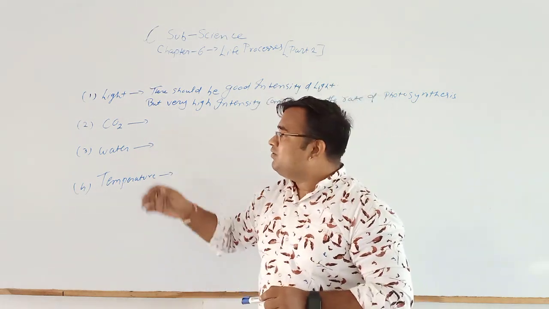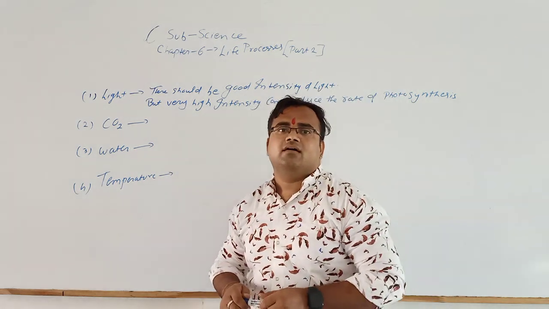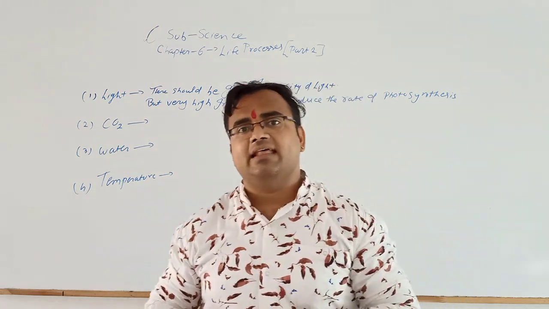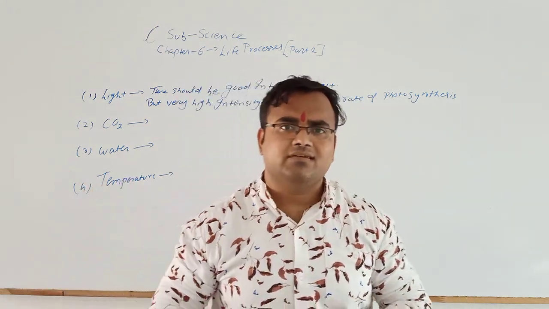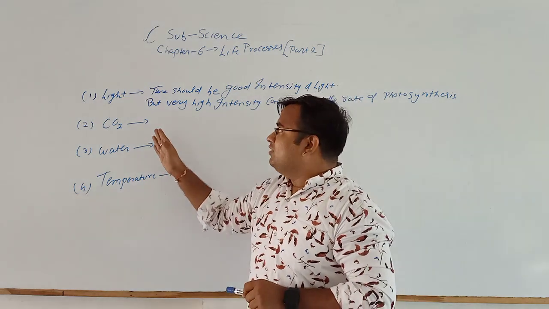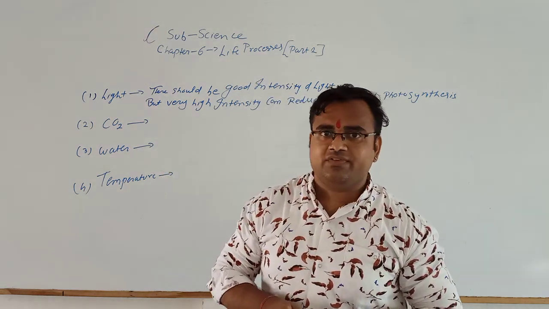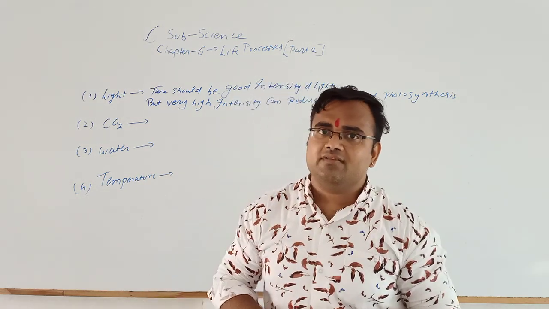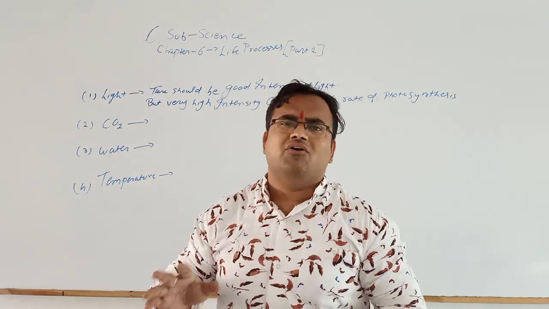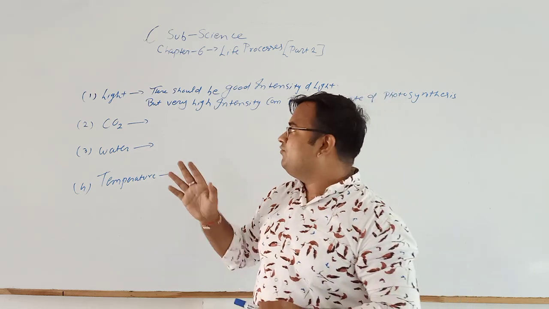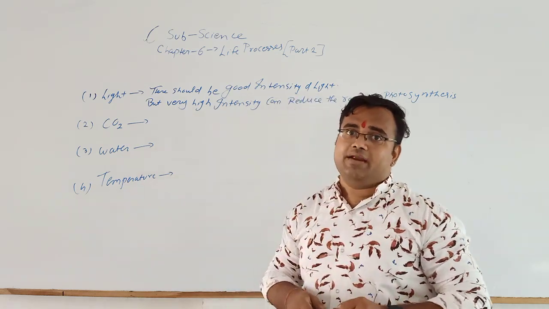Second is carbon dioxide. Carbon dioxide is present in our environment in a certain concentration. For photosynthesis, an optimum level of carbon dioxide is required.